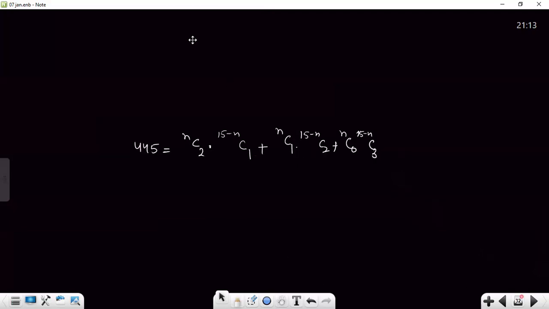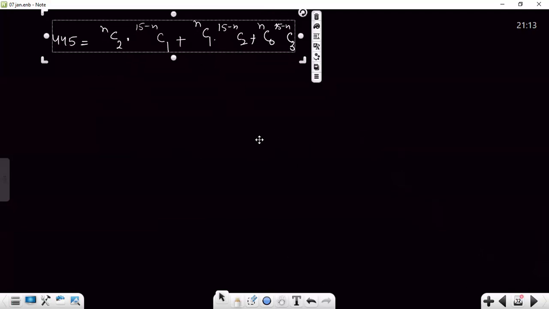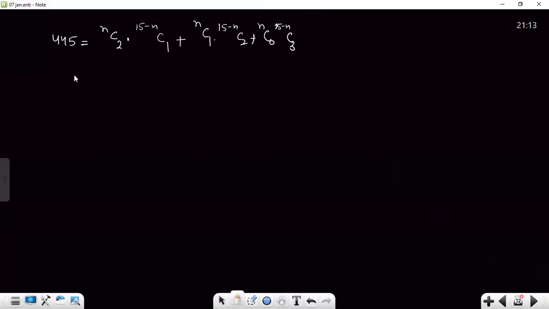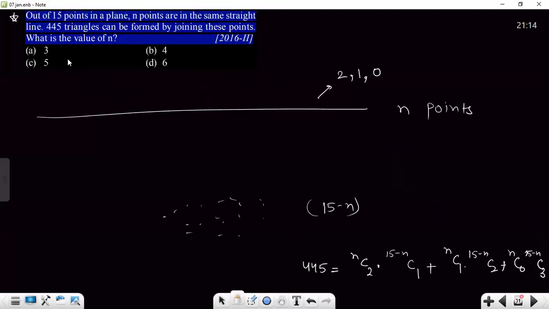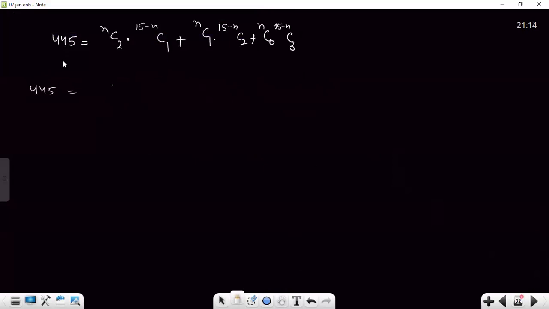If the god of calculations is with us. 445 is equal to nC2 into (15 minus n)C1 plus nC1 into (15 minus n)C2 plus nC0 into (15 minus n)C3. We have to find the value of n. So should we try to eliminate by hit and trial at the start only, or expand it and then hit and trial?